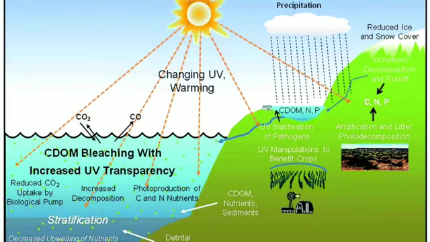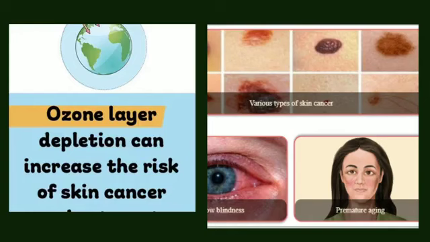It causes skin cancer. 2. It damages the immune system. 3. It can bring about aging of the skin. 4. It causes the greenhouse effect, global warming. Increased ultraviolet radiation can also cause severe sunburns, cataracts in human beings, and blurring vision.